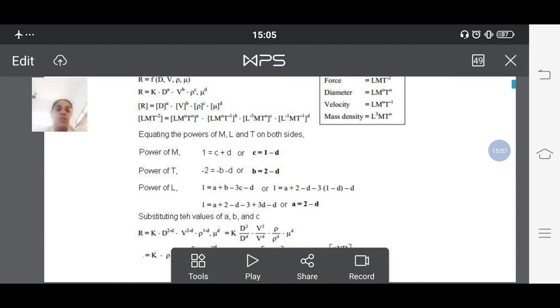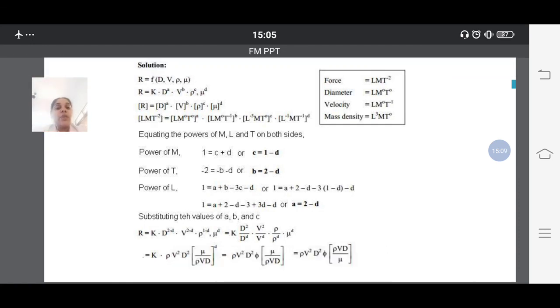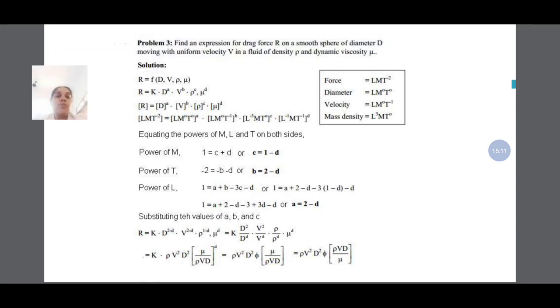This term is also simplified as r equal to k into, we can write it in ascending order of powers. If there is no power, that is power 1, first write that term, then to the power of 2, that is the second term, to the power of 3, that is the third term.